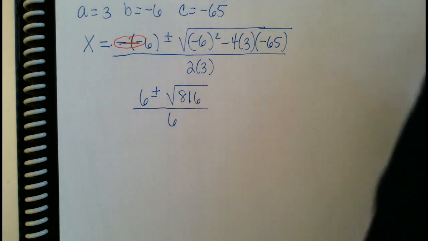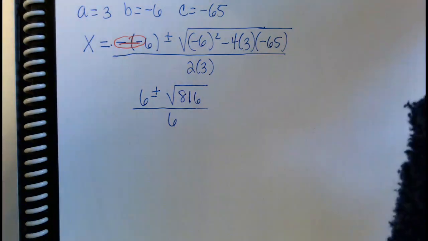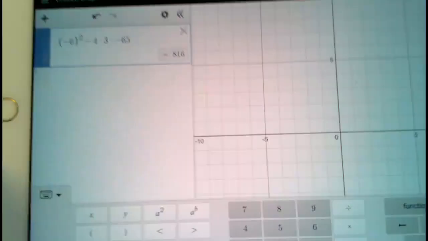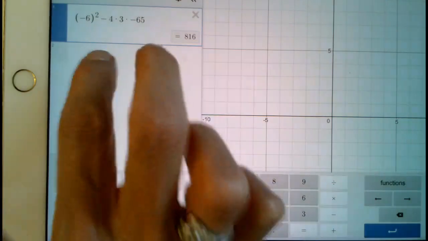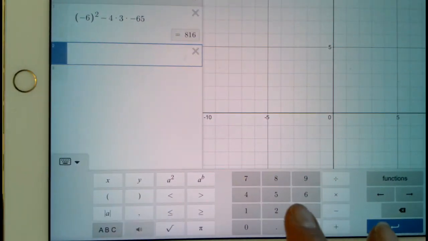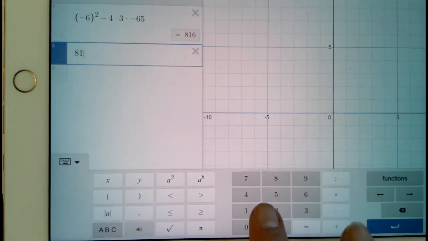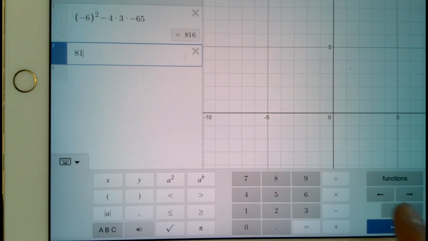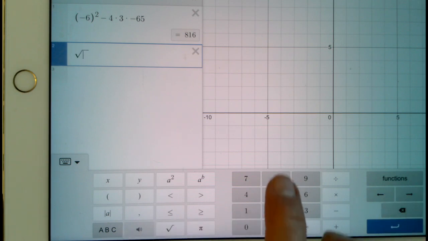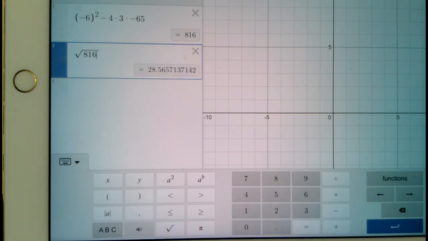In fact, I'm going to just type in the square root of 816 and see if I can do that without showing you the rest here. I don't think I can, but let's try it. Square root of 816 is 28.565. So we can see that there.